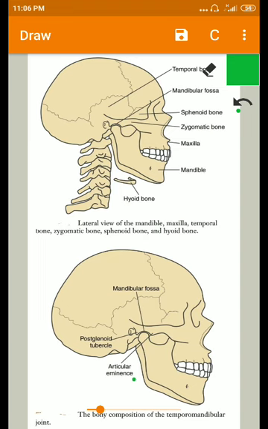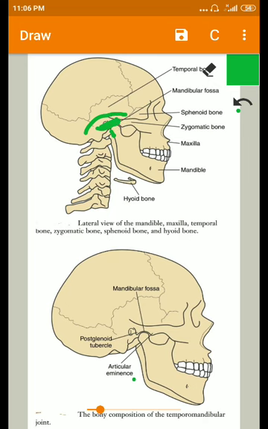That means an articular disc is present inside the joint. All these three are involved in the formation as well as the articulation of the joint. So here you can see the articular eminence, and below this you will have the condyle. In between, the articular disc is present.